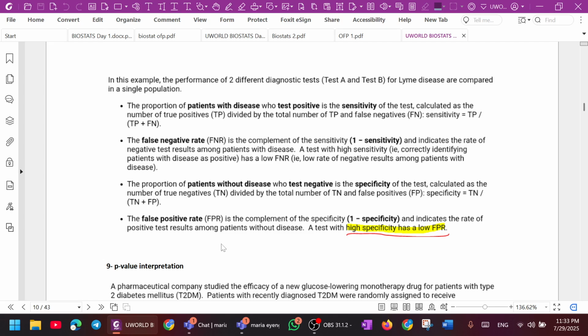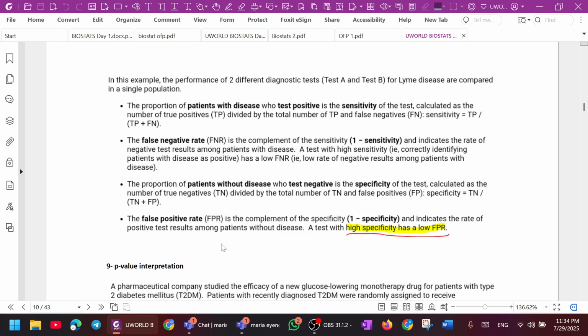Hmm, again, okay. So the question is, it says that the company reported that a greater proportion of patients with Lyme disease, so people that we know for sure have Lyme disease, tested positive with test A than with test B. So test A was able to find the real people that have Lyme disease. Does it make sense?